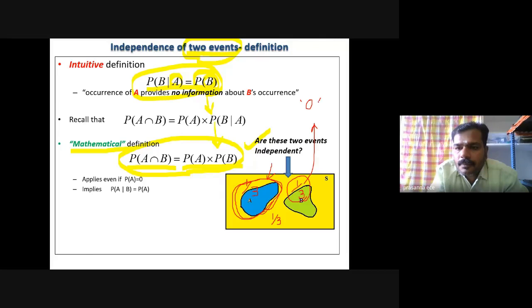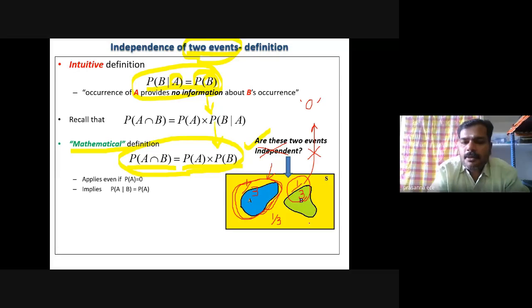So the occurrence of event A has drastically changed my belief about the probability of event B from 1 by 3 to 0. That means these two events are not independent.